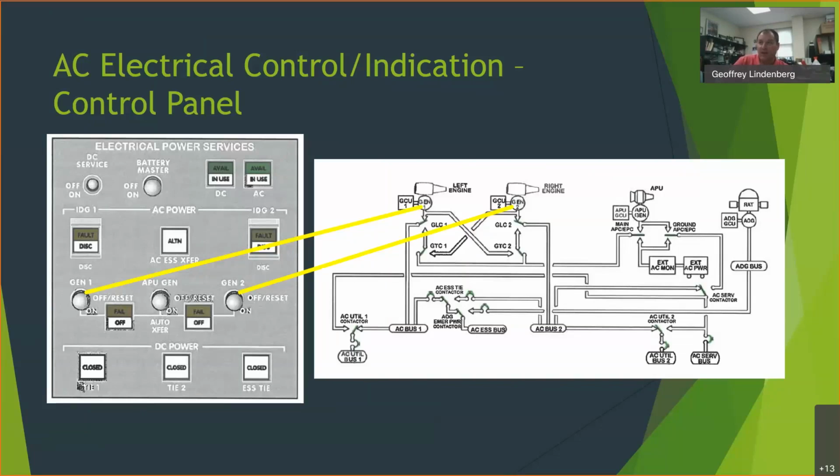So when you turn these on, it tells that GCU, the generator control unit, tied to each generator right here, one on number 1 and one on number 2. It tells that generator control unit to send a small amount of current through the field coils in the generator, and that causes it to produce electricity. Okay. The APU has a similar switch.